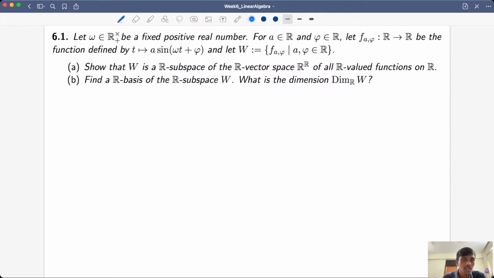You need to show that this W is an R subspace of the R vector space R power R, which consists of all real valued functions on R, and then find an R basis of this subspace W. Once you get the R basis, you can state the dimension of W.